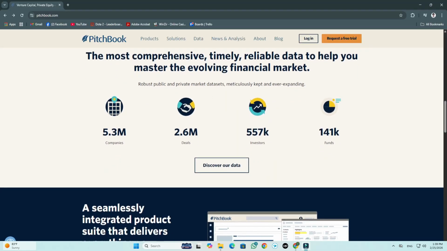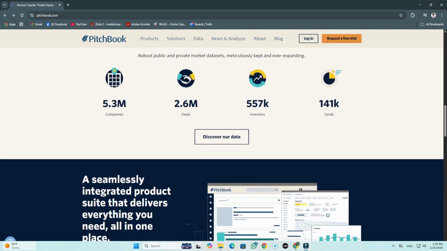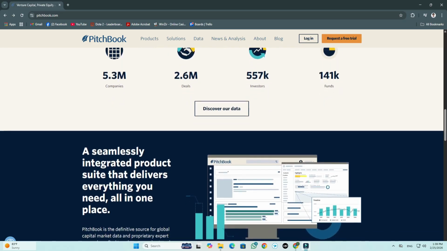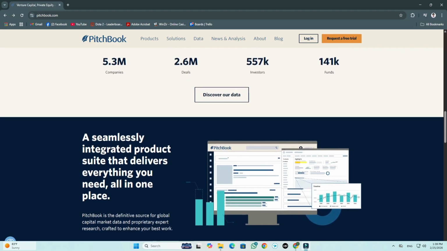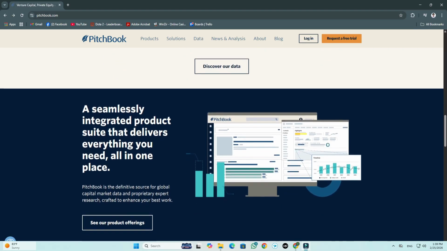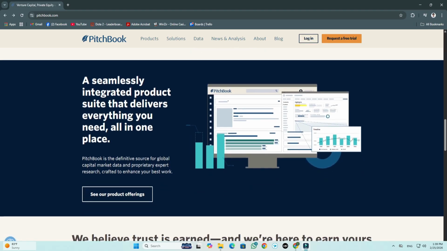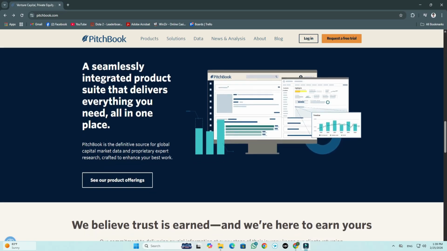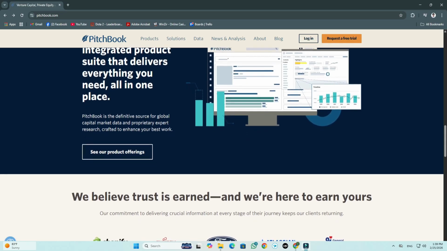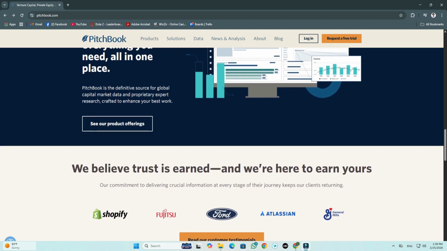Another key feature is the investor tracking and fund strategy analysis. PitchBook contains detailed profiles on thousands of investors, including venture capital firms, private equity groups, angel networks, and corporate VCs. Each profile includes past deals, fund details, co-investors, stage preferences, sector focus, and even contact information.